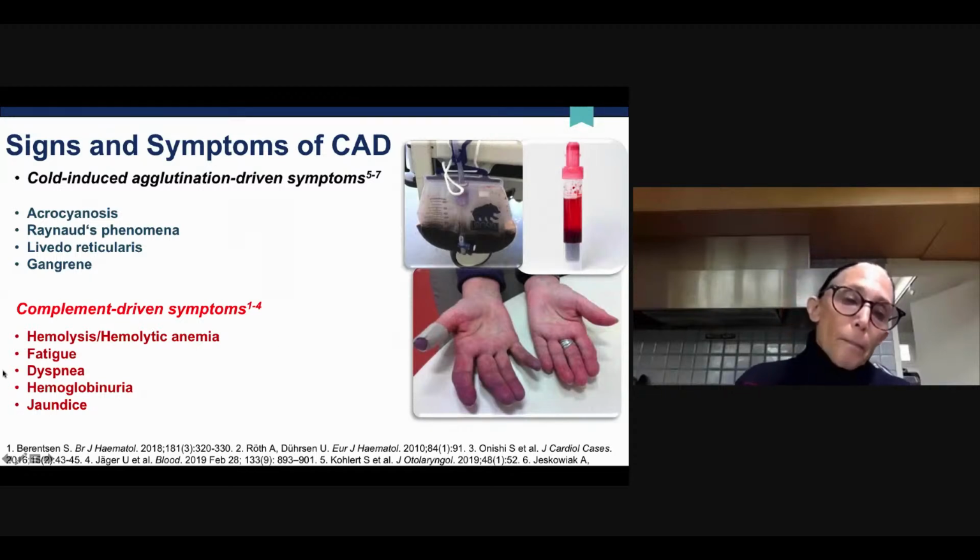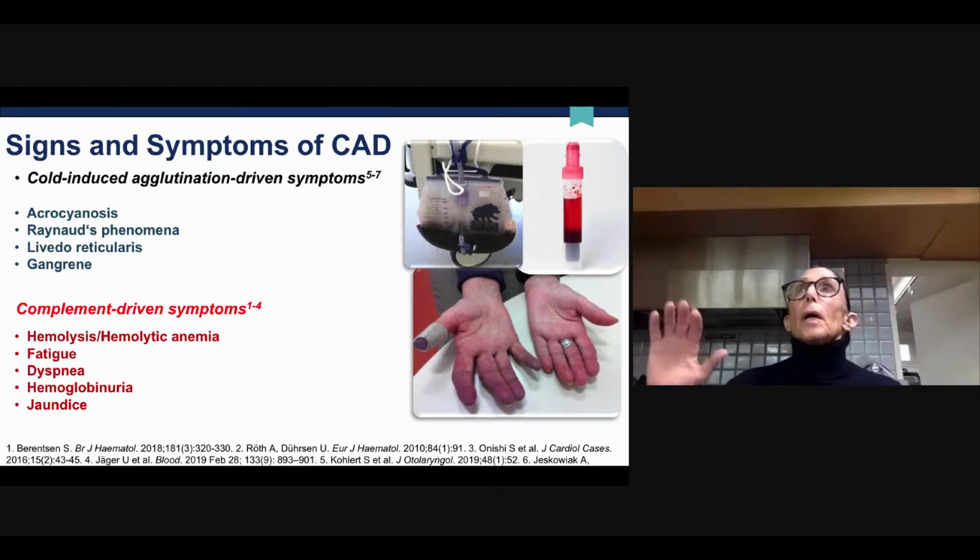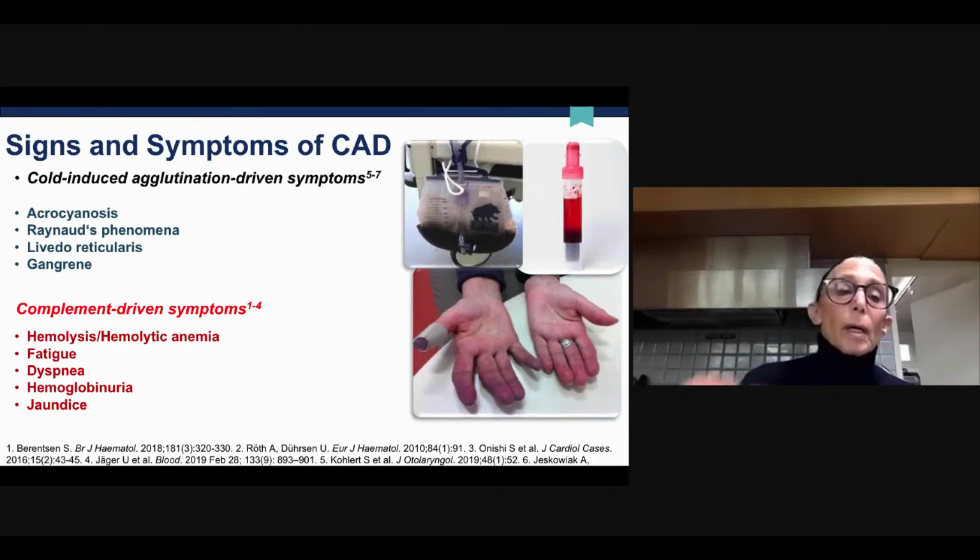Okay, and then the remainder of the symptoms that they have, fatigue and dyspnea, the hemoglobinuria and the jaundice, usually driven by the complement-induced hemolysis. I'll show you some data from the cold agglutinin trial that suggests that fatigue, just like in other hemolytic disorders, is not just hemolysis, it's not just anemia, but it's due to complement-driven cytokines.